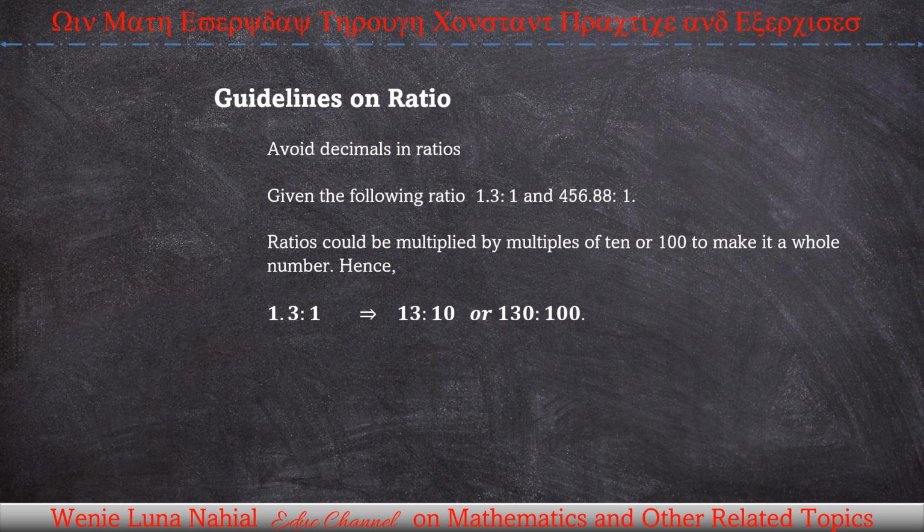Or you can have base 100, so you can change that also to 130 is to 100. Or round it off to a whole number. So 456.88, you can write that one as 457 is to 1. So we have to be observant of the guidelines on ratio.